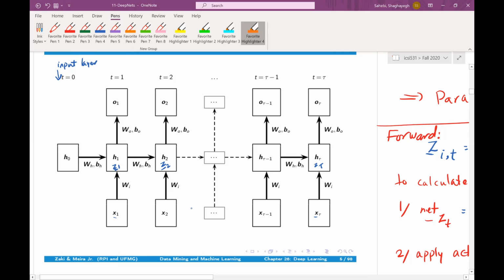And also, we are going to have the output layer from time 1 to time tau, and we are going to have W_O's as the parameters. In addition to that, between each two hidden layers, we have the W_H and b_H. So this is the feedback loop that is unfolding in this way.